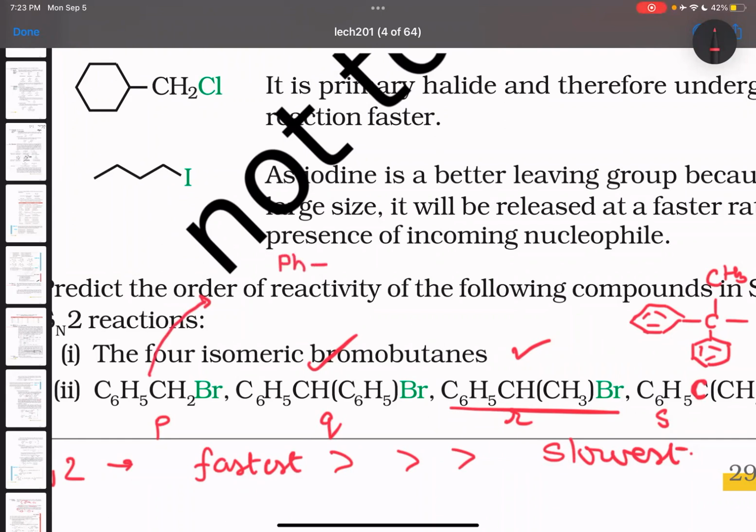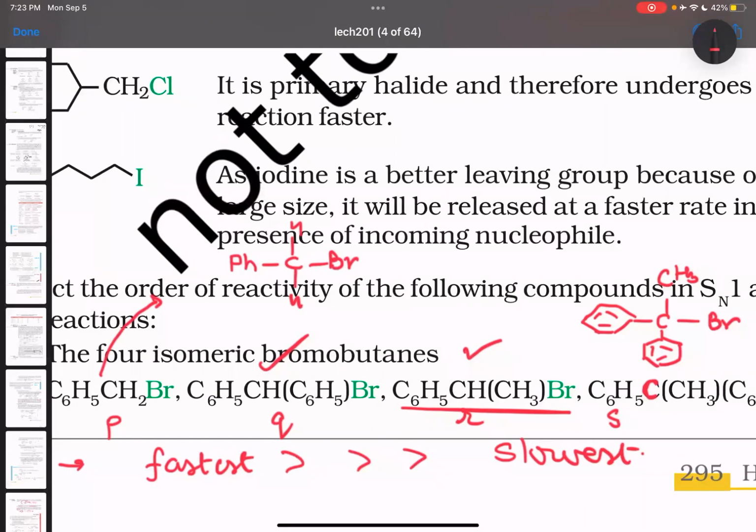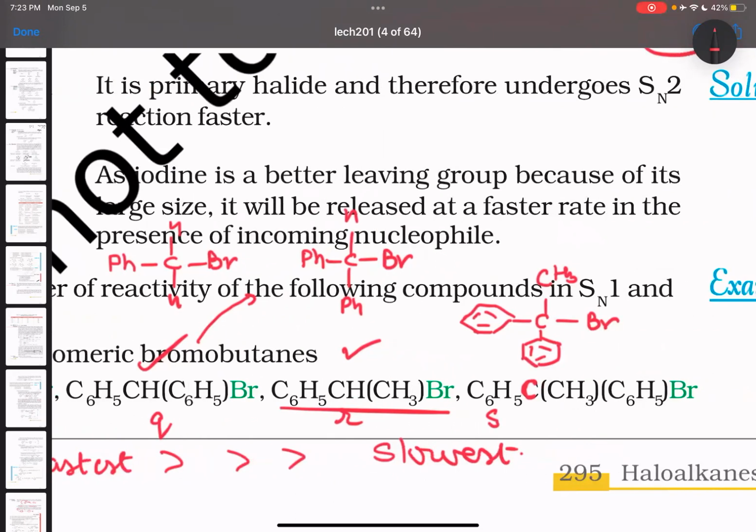Instead of drawing the complete benzene ring, I will write Ph. Ph CH2 Br. And guys, remember the Ph is a very big molecule, very, very big. And this is Ph CH Ph Br, right?